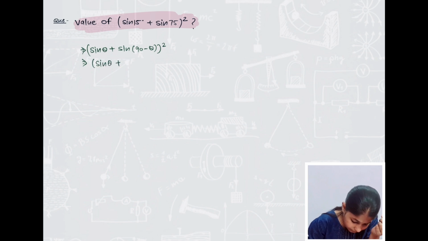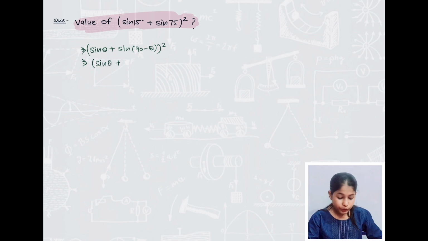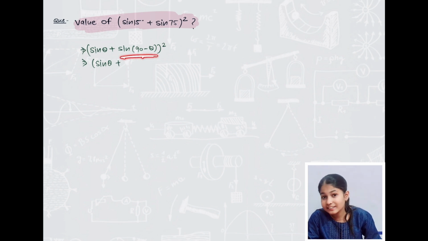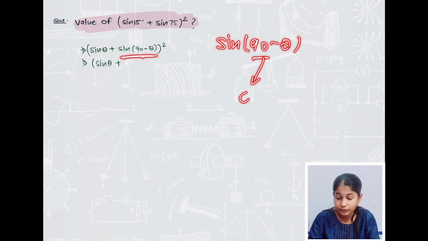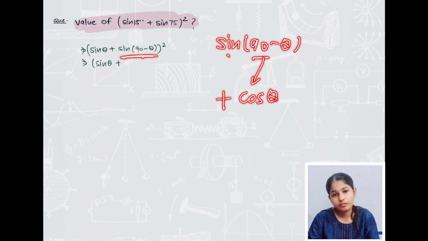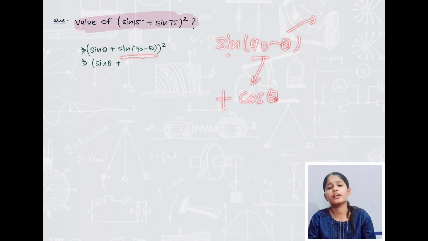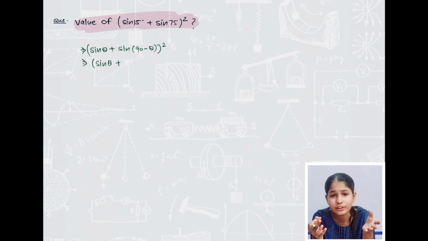Sin theta plus, now here you have to apply the quadrants and ASTC rule, that is sin(90 minus theta). If you can see here 90, so definitely some changes will occur, that is cos theta. Then one more thing, in 90 minus theta it will be positive. Why? Because it is in the first quadrant. No worry, you don't have to think much in the first quadrant.